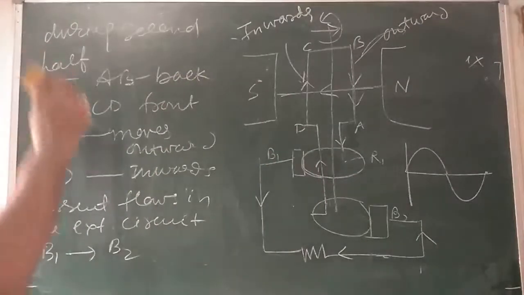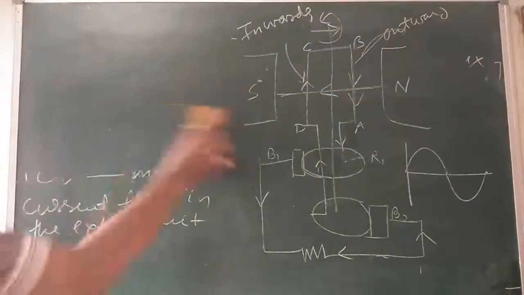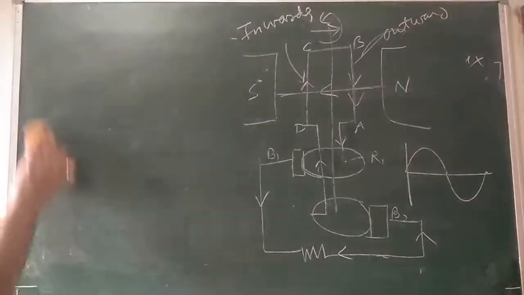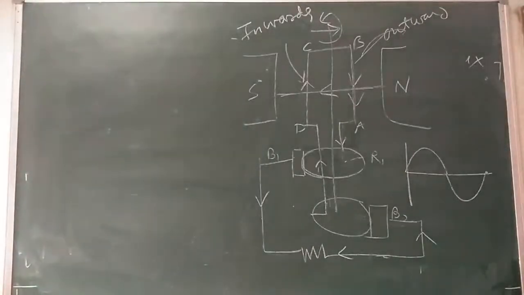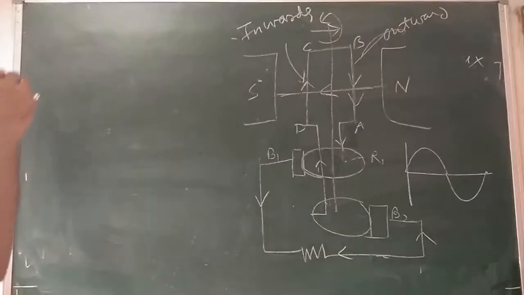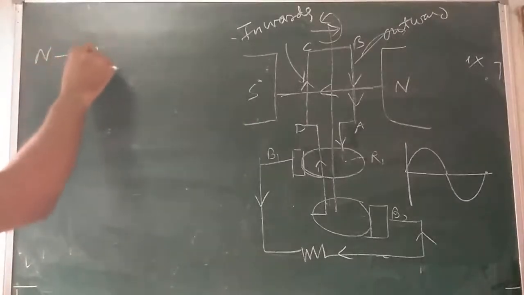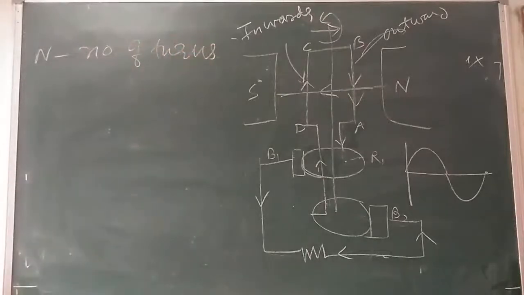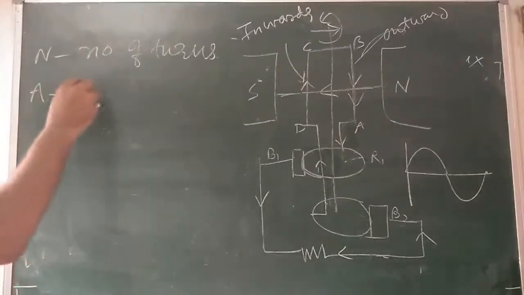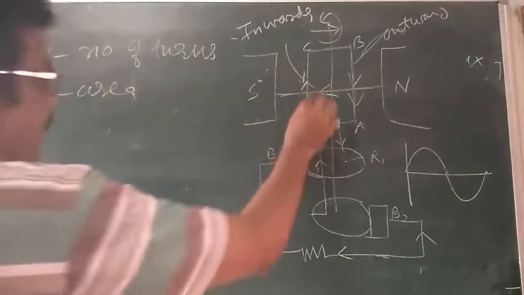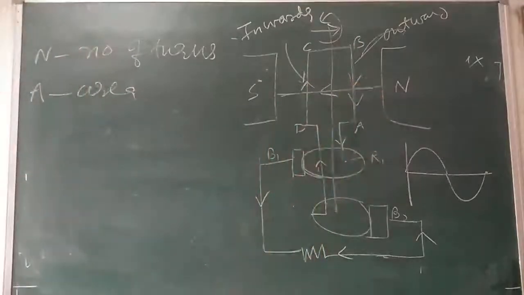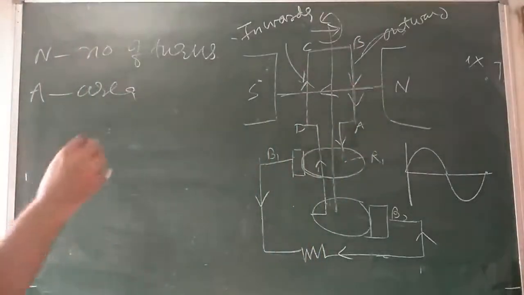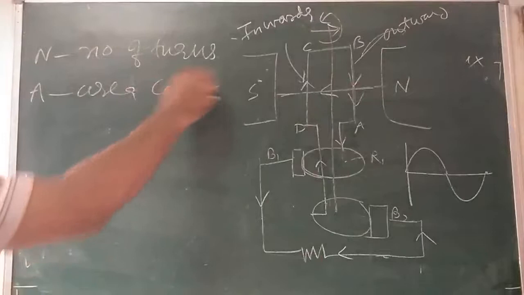Hence, what is the current induced here? Hence, the current induced here would be, suppose N is the total number of turns in the coil. A is the area enclosed by each turn of the coil.